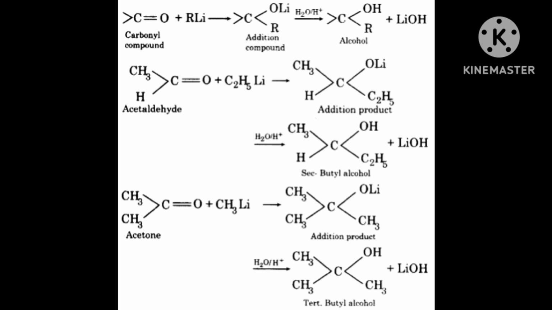Now it became RCOOR. R may be same or different, RCOOR dash you can tell. Sometimes both may be the same, sometimes different. One R may be methyl, the other may be alkyl.